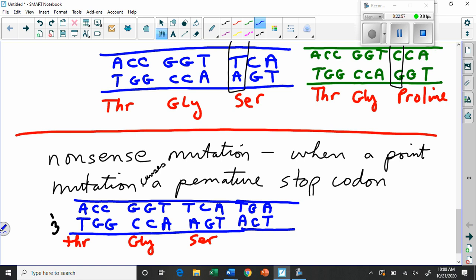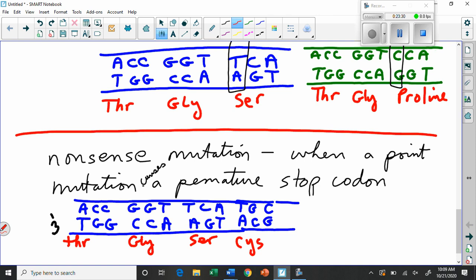I got to line this up. Not TGA, it'll be TGC in the normal DNA, right? Sorry about that. There's two different pictures and I'm confusing them. So let's go TGC right here, and ACG, that's the normal. And so normally that would be cysteine.